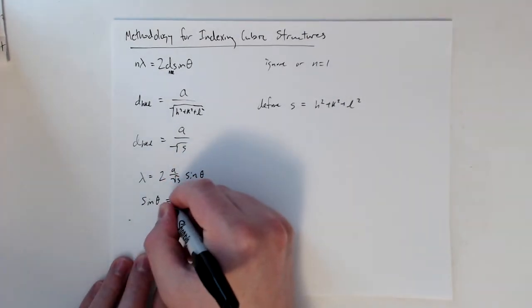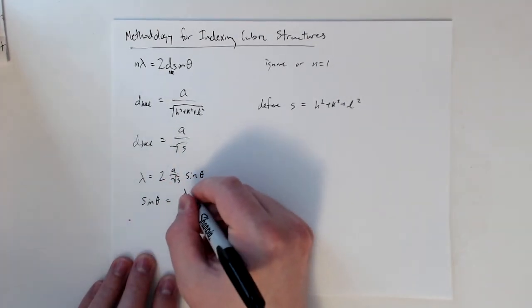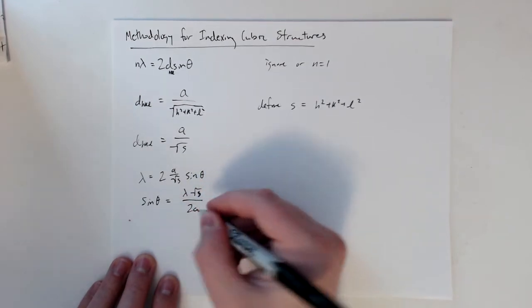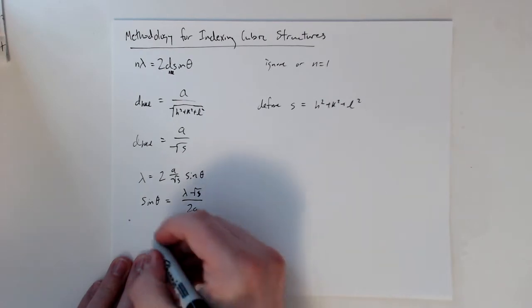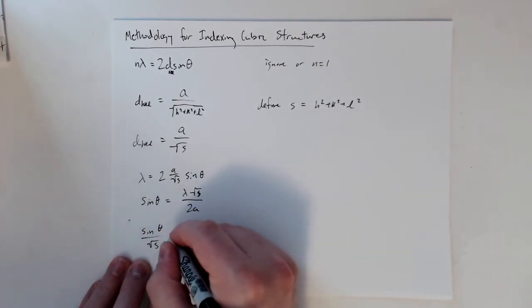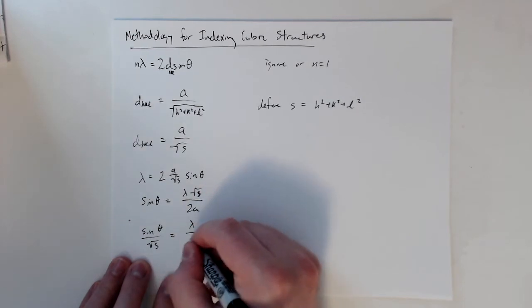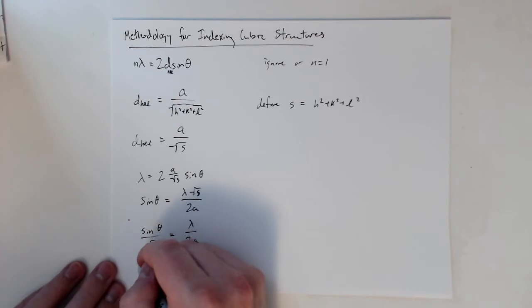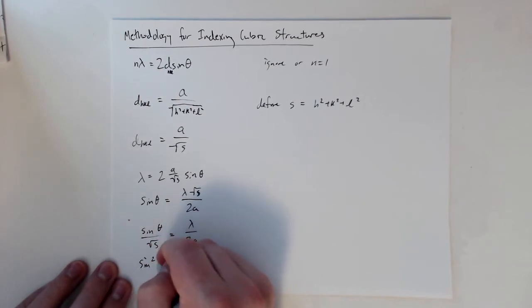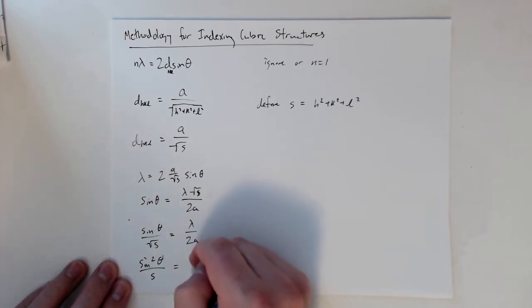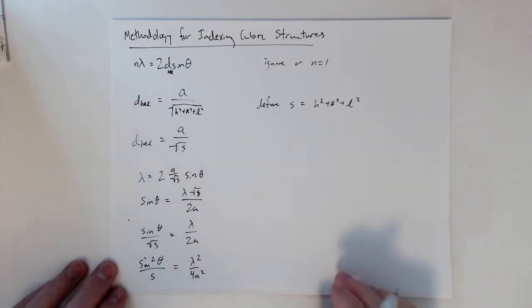So we have sine theta, and then we bring over the s, and lastly we have sine squared theta over s equals lambda squared over 4a squared.